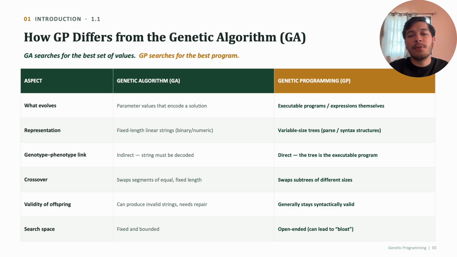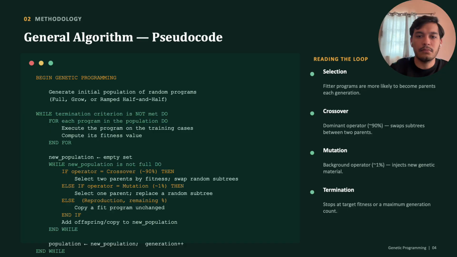And because GP's programs can grow or shrink freely, its search space is open-ended, which, as we'll see later, of course brings its own challenges. So if I have to say the difference in one sentence, GA, which is genetic algorithm, searches for the best set of values, while genetic programming searches for the best program.